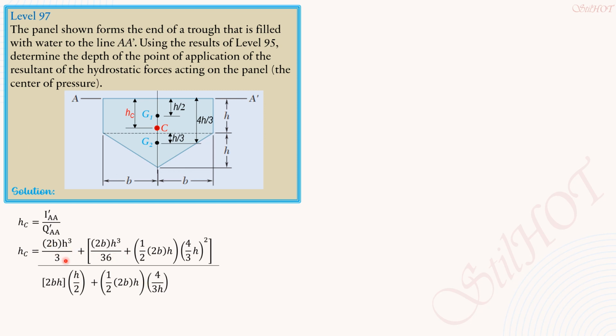So 2/3 plus 2 over 36 plus 16 over 9, bh cubed, divided by bh squared times (1/2 plus 4/3). Simplifying, that would be 5 over 2 h in the numerator, and in the denominator 7/3 after we cancel bh squared. So simplifying further, h sub c is equal to 15 over 14 h.